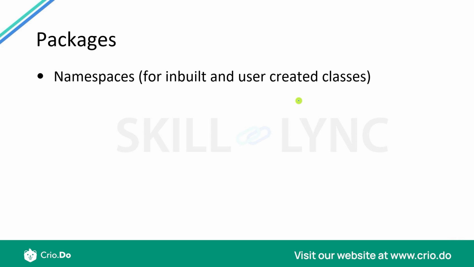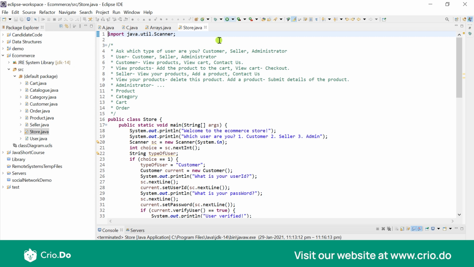There are also classes which Java has inbuilt, right? And some of those we have already seen. In our e-commerce store which we created, you could see that we used the scanner class, which is an inbuilt class of Java within the package of java.util. So Scanner is a part of the java.util package, and that's what we imported and used over here.